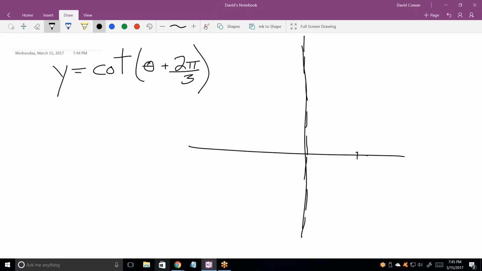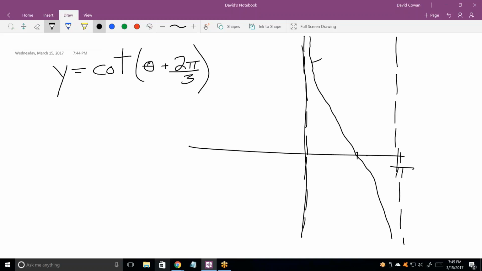Let me give myself some room. Let me make this pi out here, because we're going to be phase shifting this thing. Cotangent is always decreasing, like that. So this curve is y equals cotangent theta.